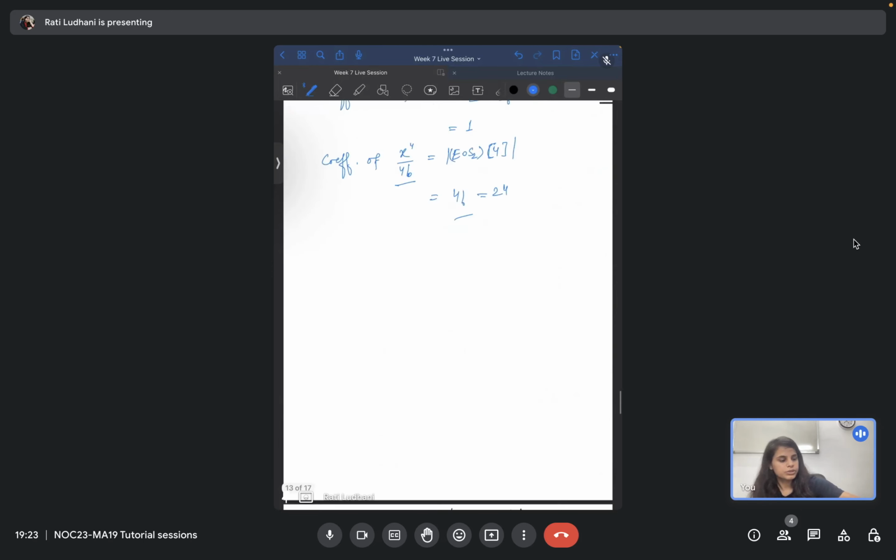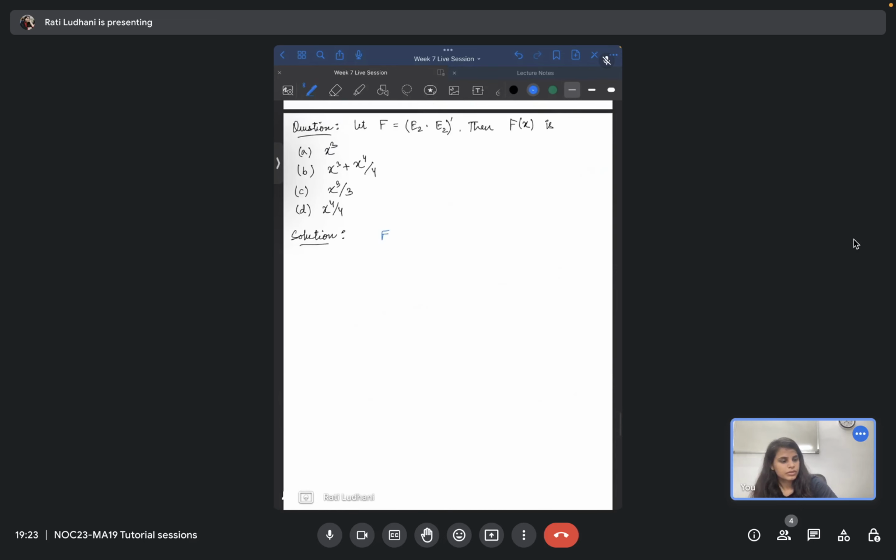Let f is equal to e2 dot e2 dash, then what will be the value of fx? So e2 dot e2 dash, what you are doing is, for example, you have u, so you are partitioning it, and then you are applying E2 on U1 and E2 on U2.